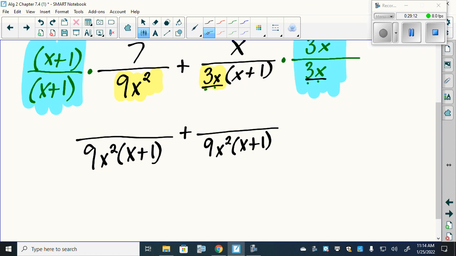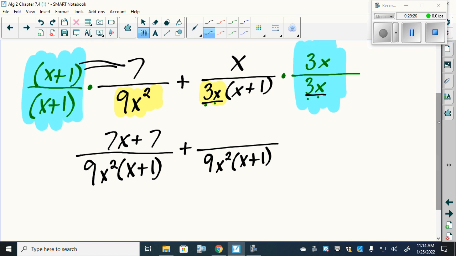So, over here, we're going to distribute and multiply through by 7. So 7 times x is 7x, plus 7 times 1 is 7. Over here, we have 3x squared.